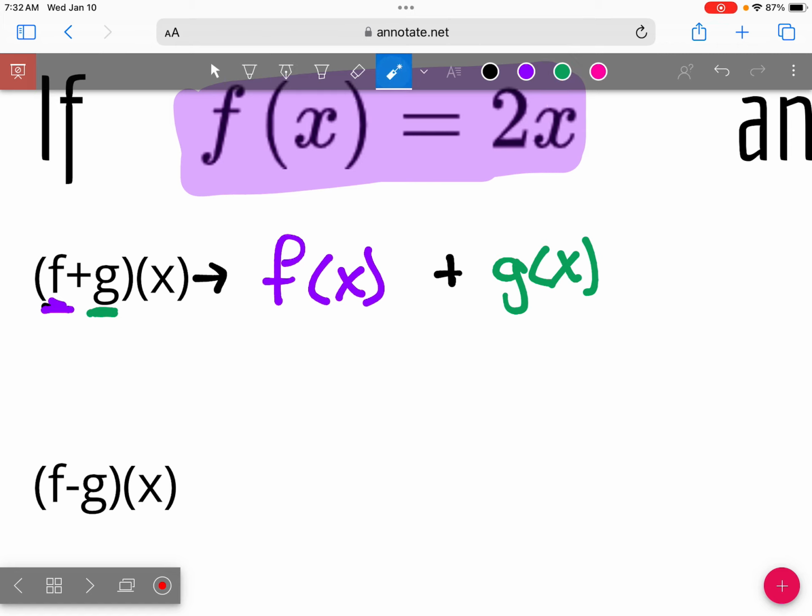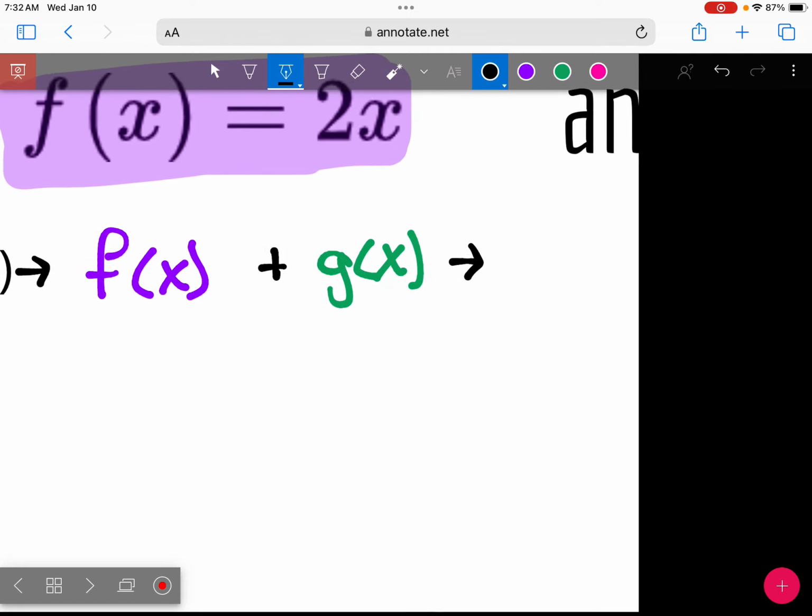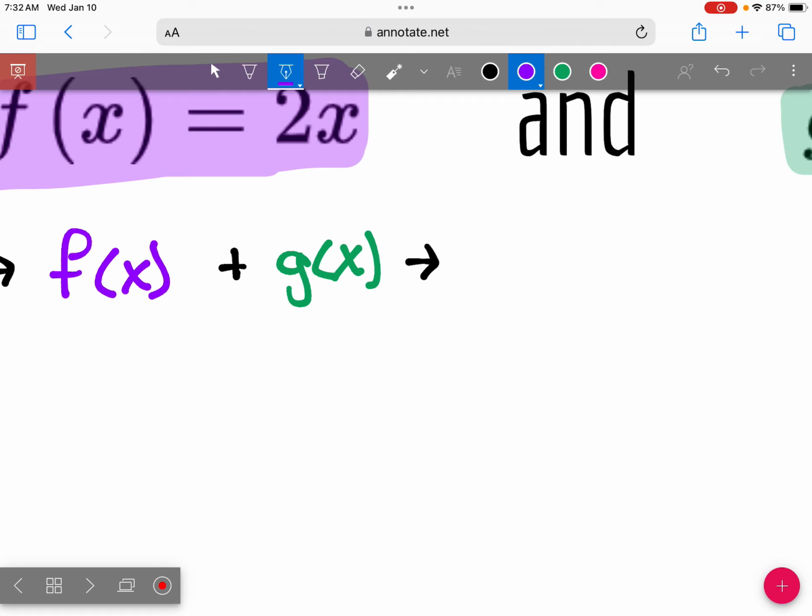So what we're going to do is we're going to substitute in the values. I know f of x equals 2x. So when we come in here to simplify, instead of writing f of x again, I'm going to write 2x.